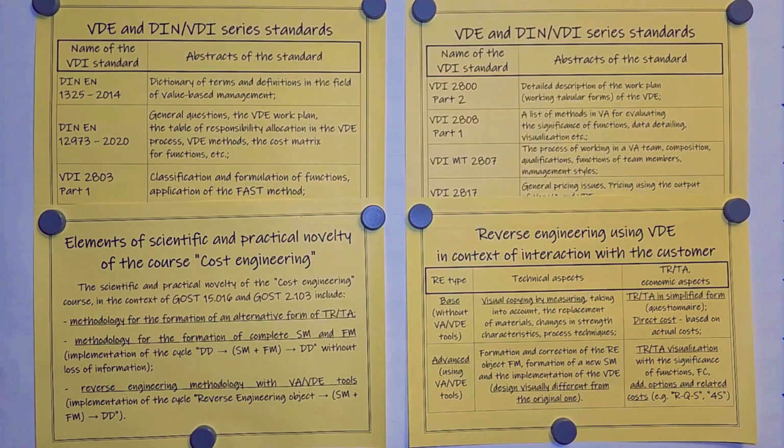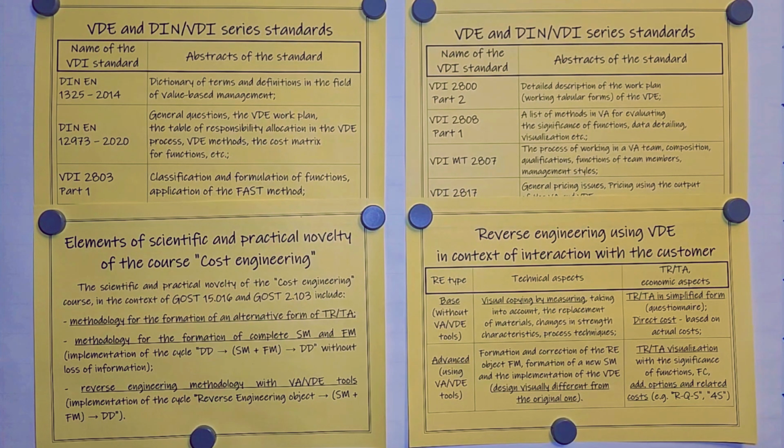effective management. In fact, the standard has no practical value for the design engineer since, like the above-mentioned DIN 1325 standard, it's quite general. The audience of the standard is top-level managers, methodologists engaged in writing cost management regulations, chief designers, and project managers.